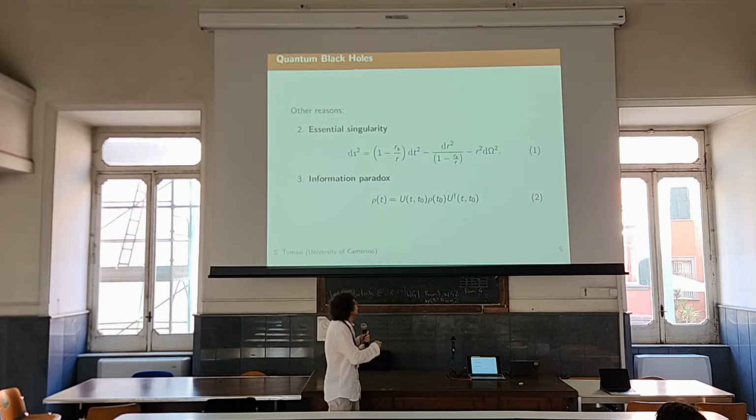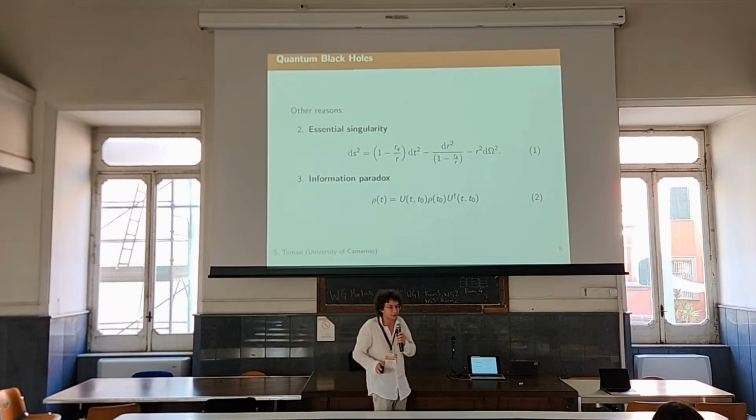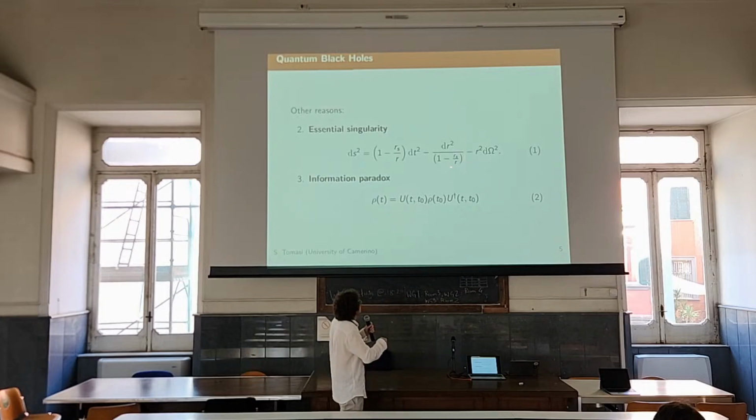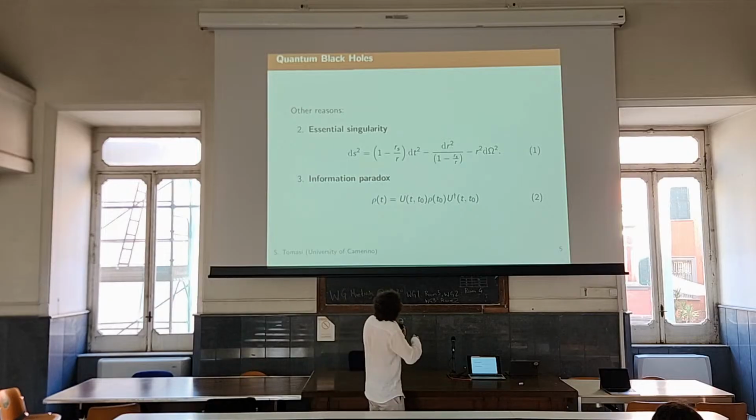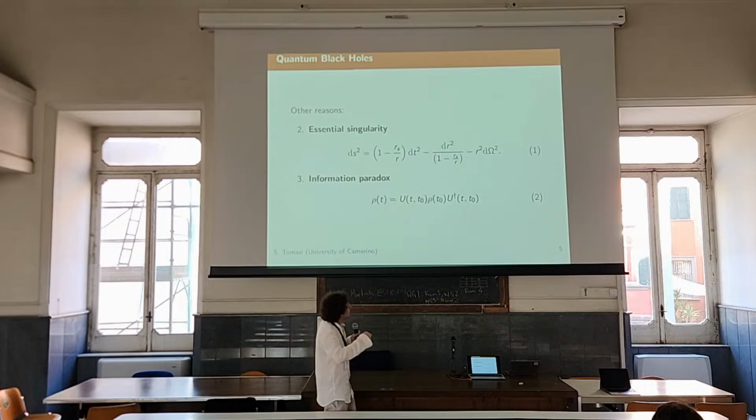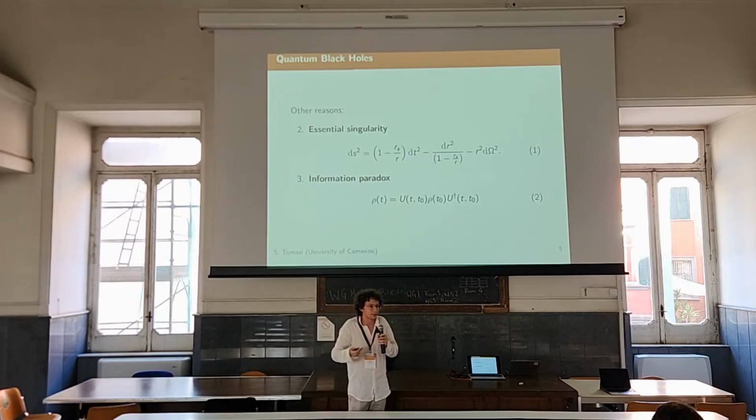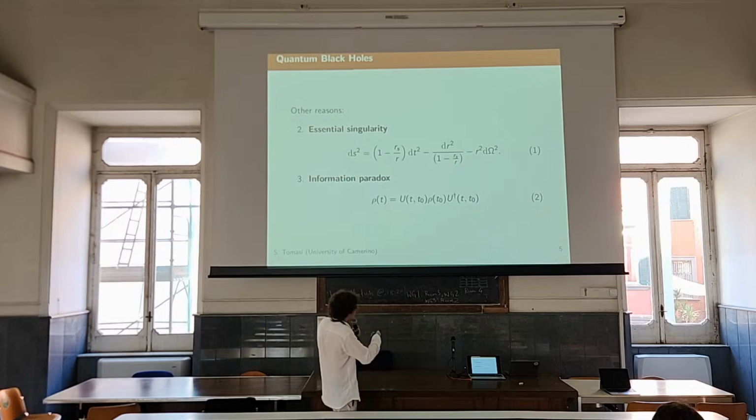On the contrary, for the horizon singularity, we can choose a frame in which it vanishes. So the horizon singularity is not essential, while the central singularity, since it cannot be removed by any coordinate transformation, is called essential. And this poses a challenge from the quantum perspective because all the matter, according to this model, is condensed into a point. So it's clearly violating some uncertainty principles and quantum principles.